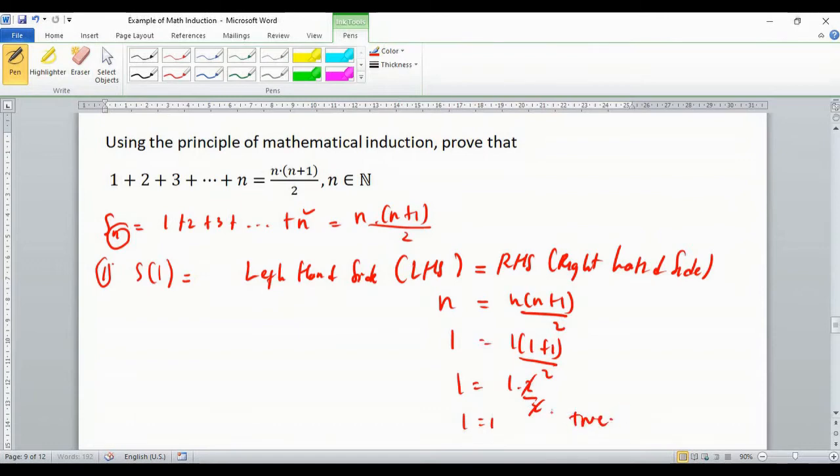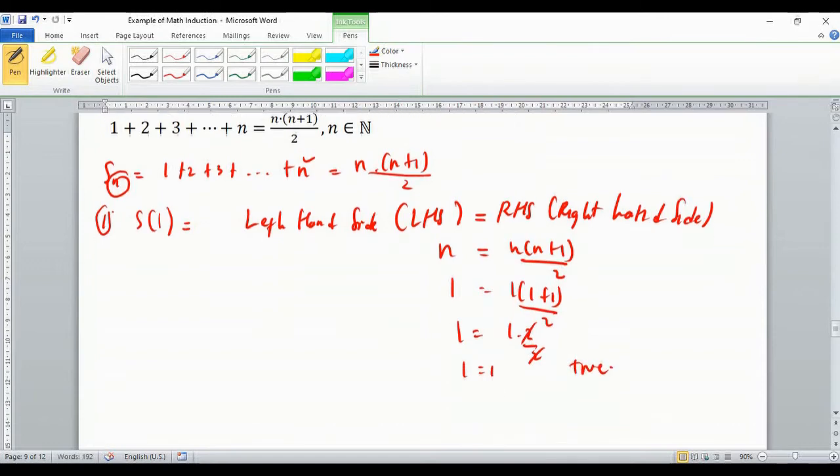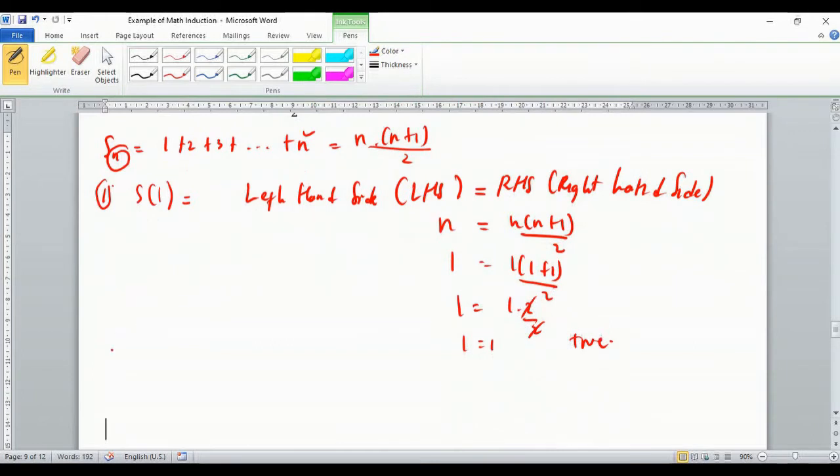So from here, we can continue to step 2. In step 2, we are talking about Sk. Okay, so all of them, you need to change to be k. So 1, 2, 3, dot, dot, dot, plus k equals k times k plus 1 over 2.